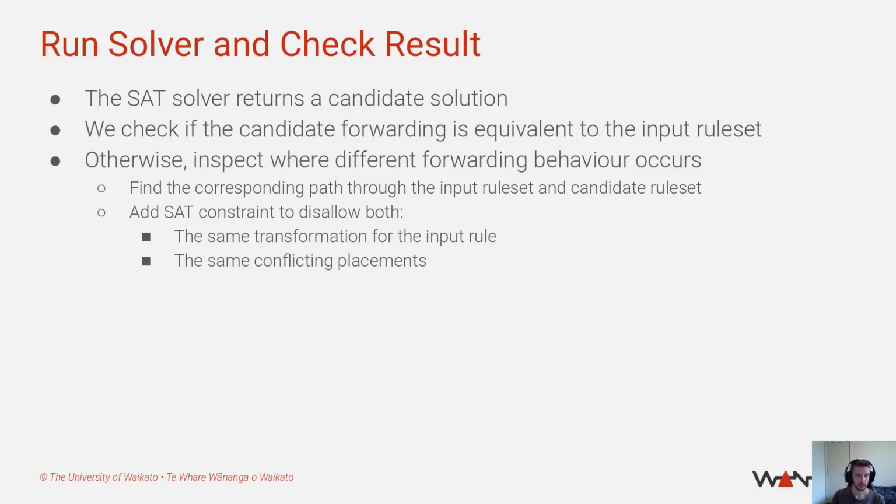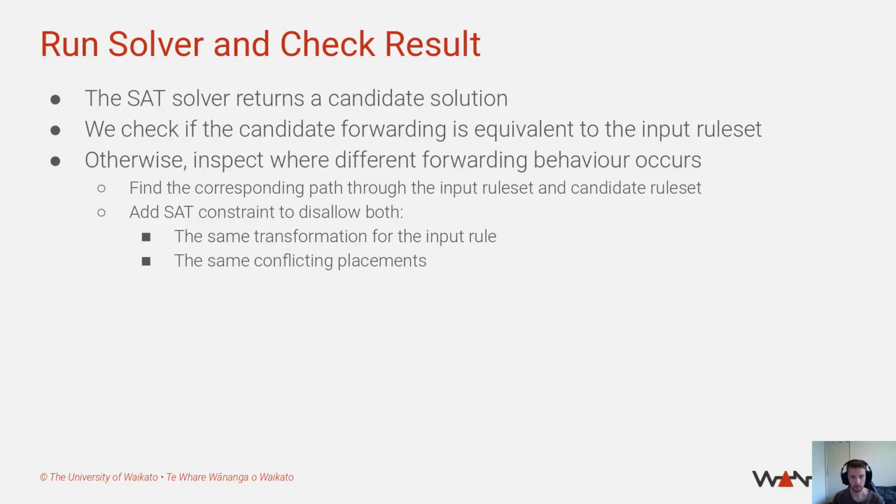So now we have these constraints. What we do is we run the SAT solver. This returns a candidate solution, a list of placements. We then check the equivalence of the forwarding versus the input rule set. If they're the same, we're done and we've found the valid solution.